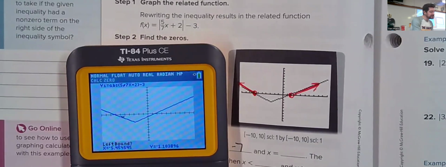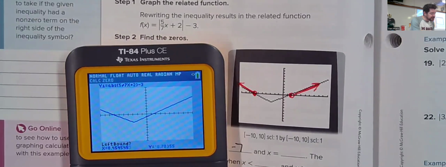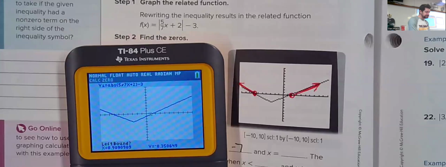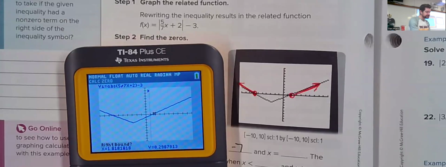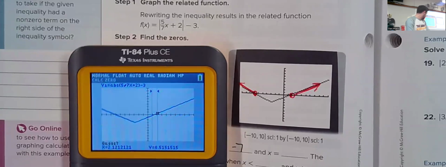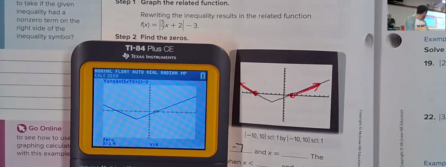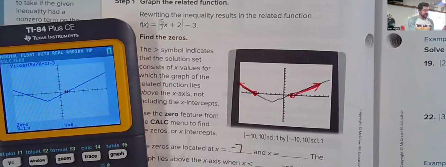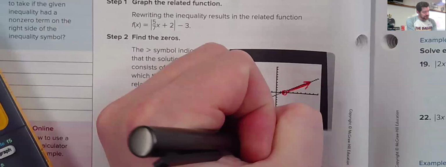This time our left boundary point is going to be over here, and I'm going to choose a point just to the left, about there. Hit enter, scroll to the right, we've got a right boundary point. Hit enter, yes, sure. And 1.4. So the other x-intercept is at 1.4.